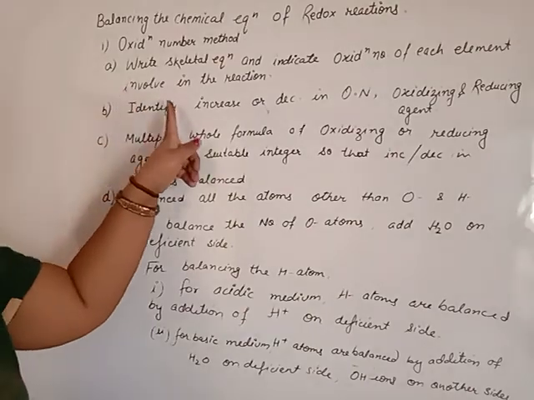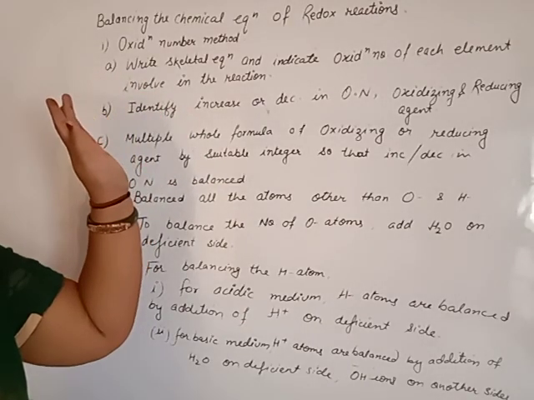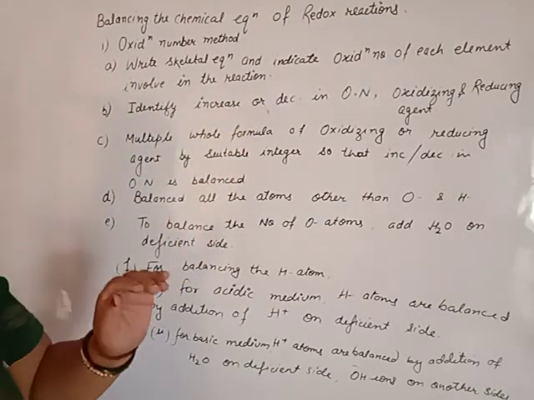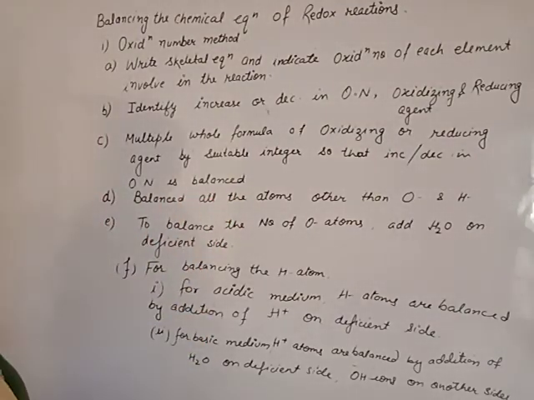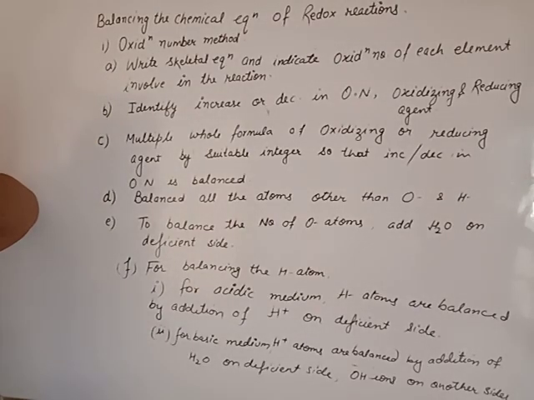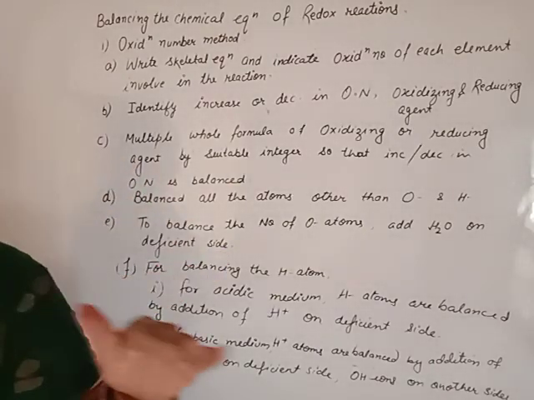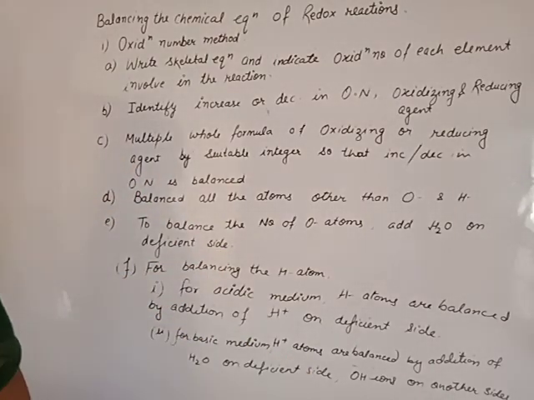Second, you will identify increase in oxidation number, decrease in oxidation number, which is oxidizing agent, which is reducing agent. Then, if increase and decrease in oxidation number are different, then oxidizing or reducing agent are multiplied by suitable integer, so increase and decrease in oxidation number are on the same base. That means increase and decrease will be nullified.